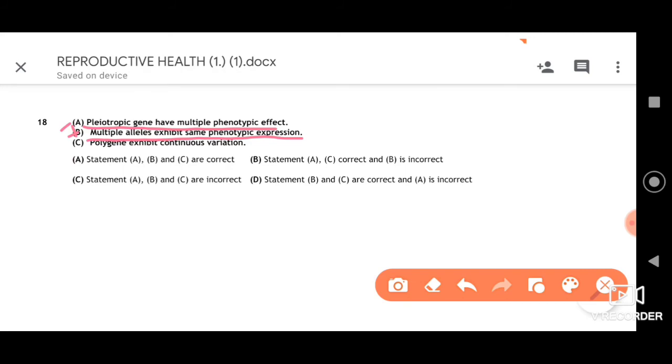The third statement is, polygene exhibit continuous variation. Yes, polygenic inheritance is continuous inheritance. It gives rise to continuous variations. So without any hesitation we can say that option C is also correct. So among the given options you have to go for B, that is, statements A and C are correct, B is incorrect.